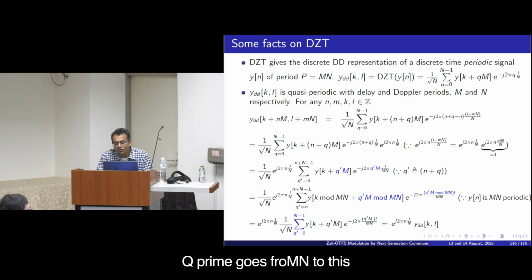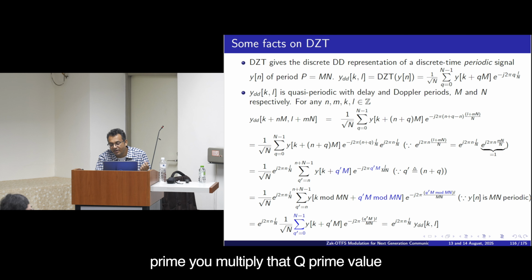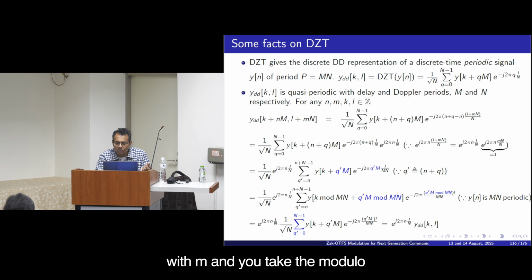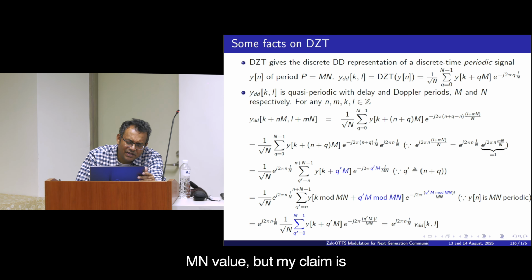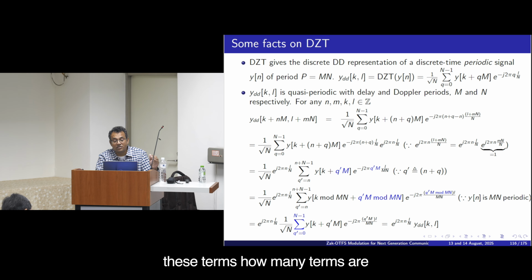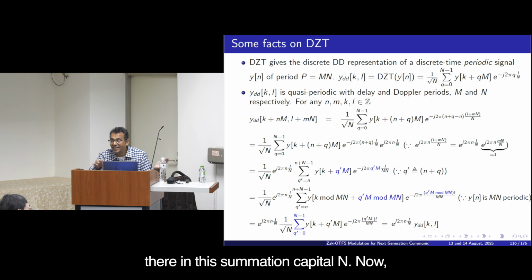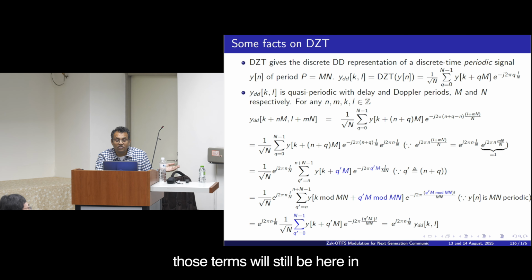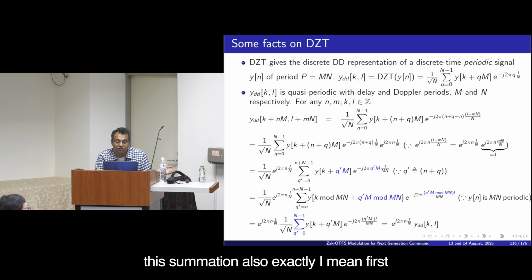As q prime goes from n to this value, for each term corresponding to a particular q prime, you multiply that q prime value with m and you take the modulo Mn value. But my claim is that whether you go from n to n plus capital N minus 1 or you go from 0 to capital N minus 1, how many terms are there in this summation? Capital N. Those terms will still be in this summation also.